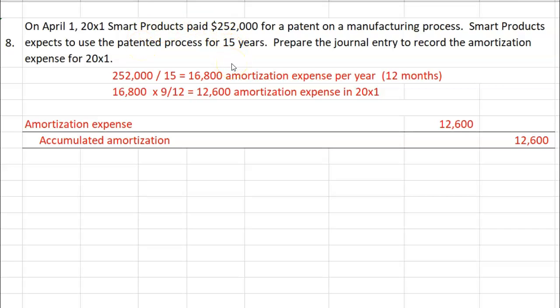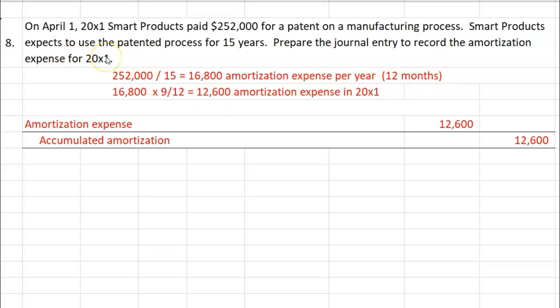The legal life for a patent is generally 20 years. The expected life is less than 20 years, only 15 years in this problem. So we're going to take the $252,000 of cost divided by its expected life of 15 years, and that equals $16,800 of amortization expense per year, and of course a year is a full 12 months.